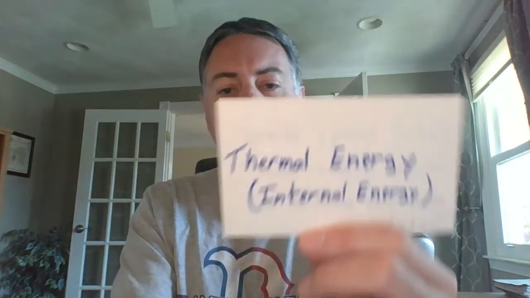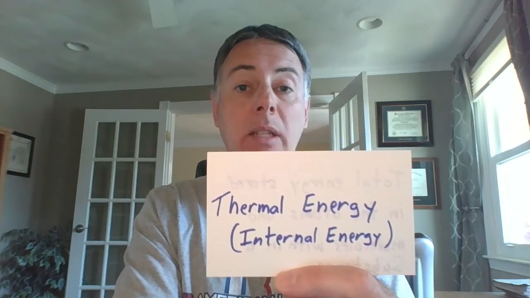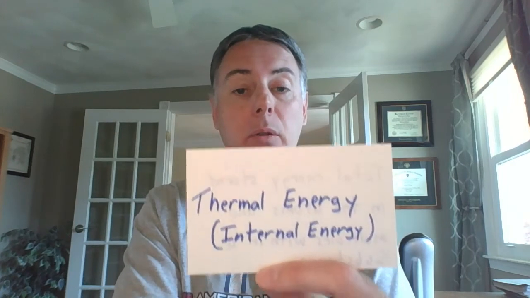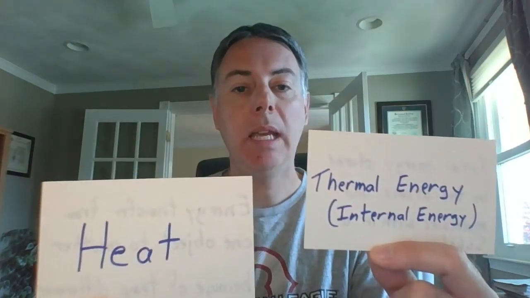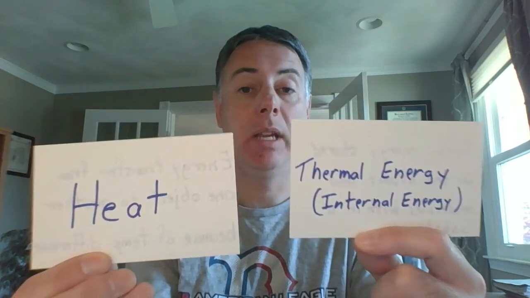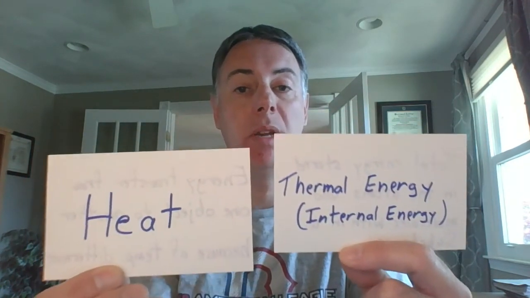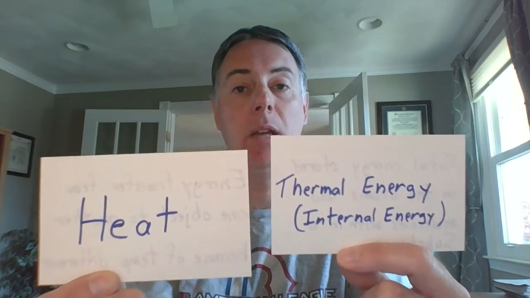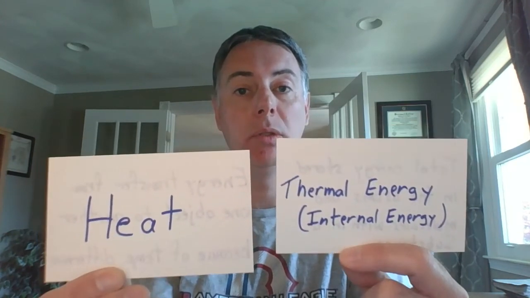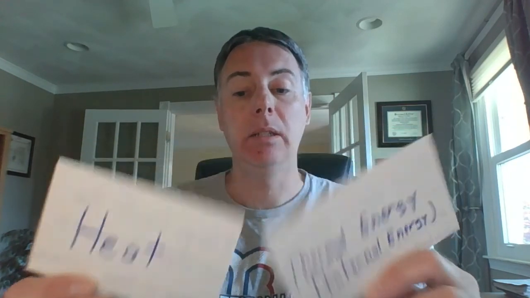This is also a type of energy, so it's going to be measured in joules as well. Or, in the United States, of course, we still use calories. So these two, heat and thermal energy or internal energy, are measurements of different types of energy, and we use joules or calories in the United States.